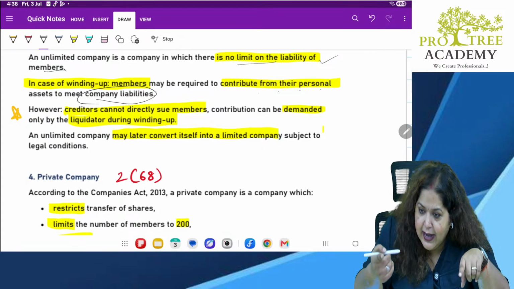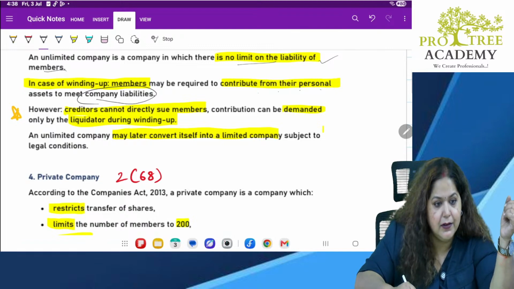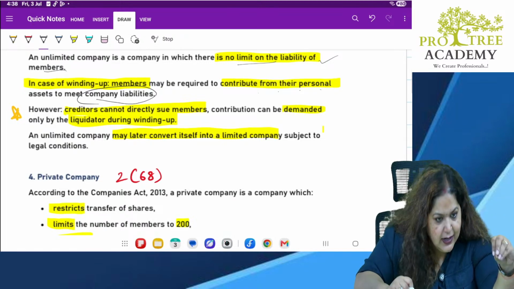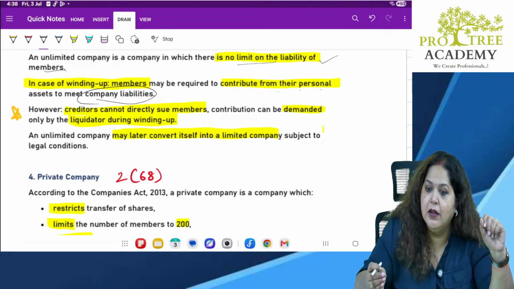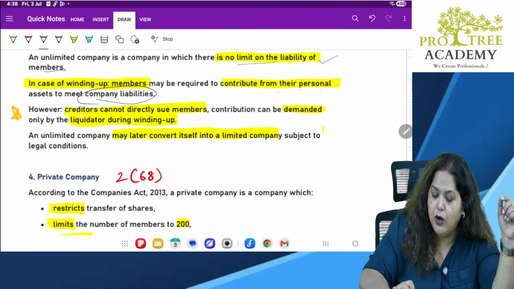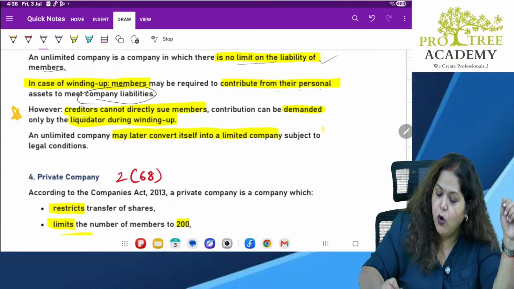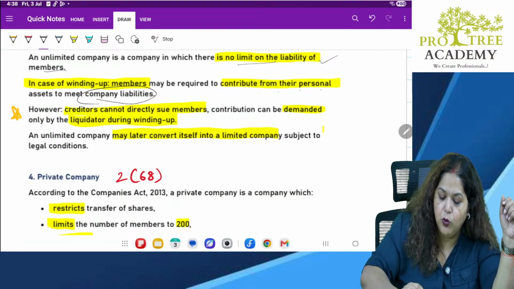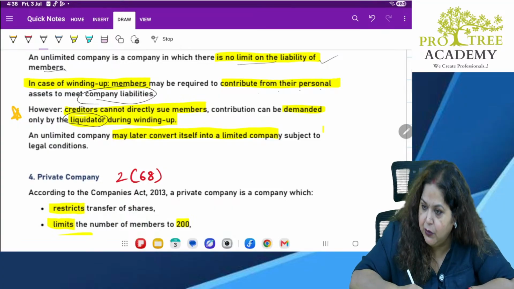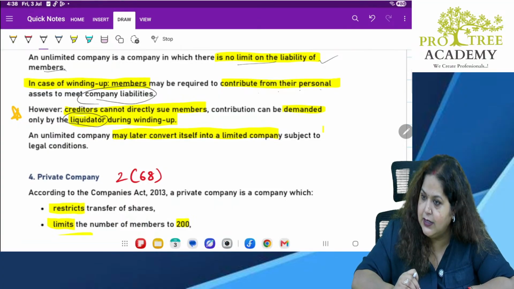Can a creditor directly file a case against a member? No, they cannot. Though your liability is unlimited, that doesn't mean they will file a case against a member. Creditors cannot directly sue members. Contributions can be demanded only by the liquidator. As I told you, the liquidator will be appointed to do all the settlement of the assets.